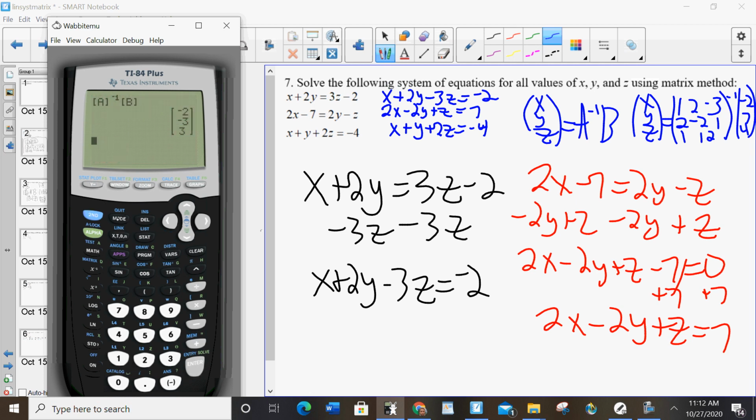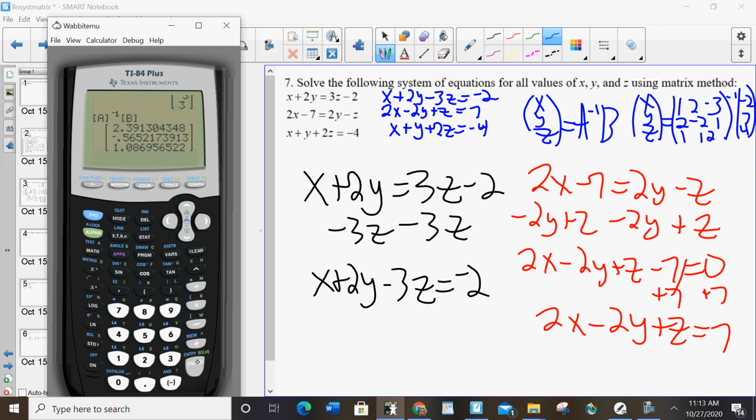Second quit. Second matrix edit B, 3 by 1, negative 2, 7, 4. Second quit. Second matrix A, inverse button, which is the same button I keep on hitting but without the second. Second matrix B.